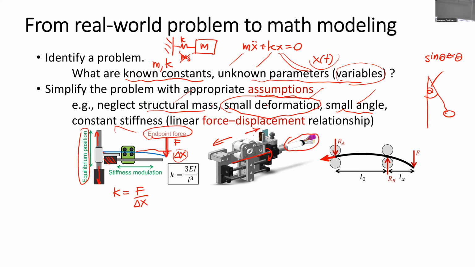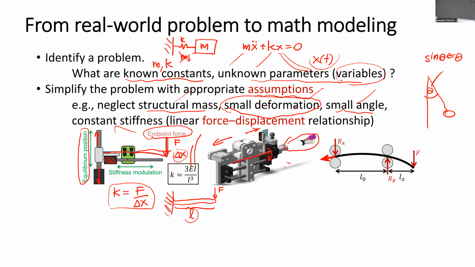If the beam, the leaf spring, is an ideal cantilever leaf spring, the stiffness K can be approximated from the Young modulus of the material, the second moment of area of the material, and the length L, the length L between the applied force position and the cantilever support.